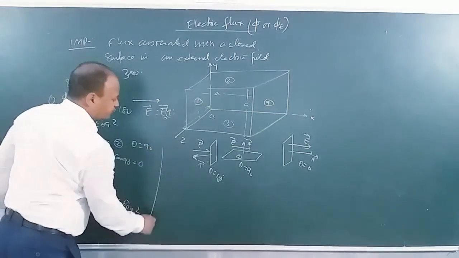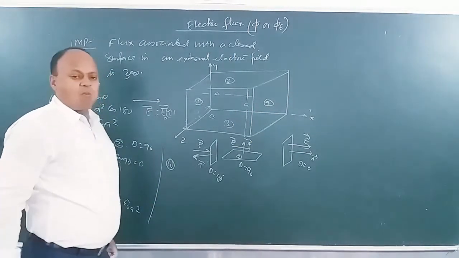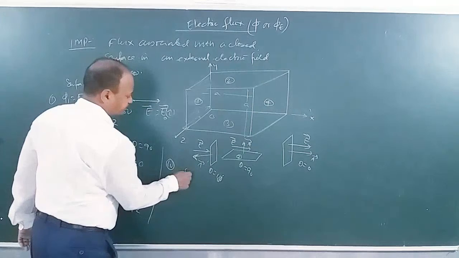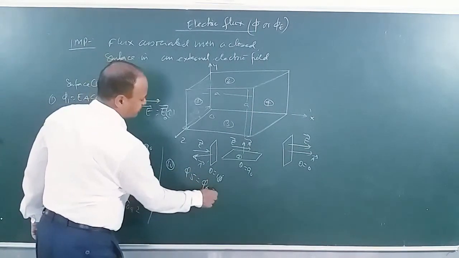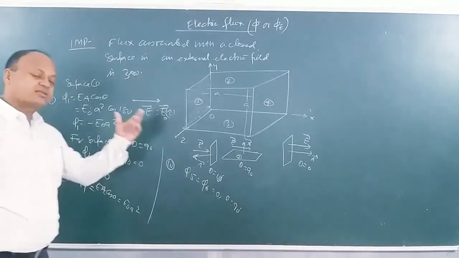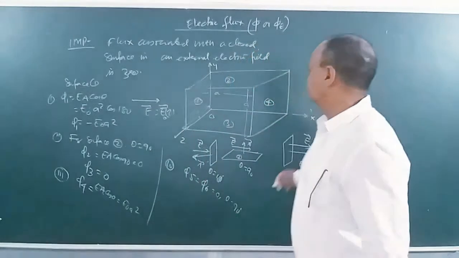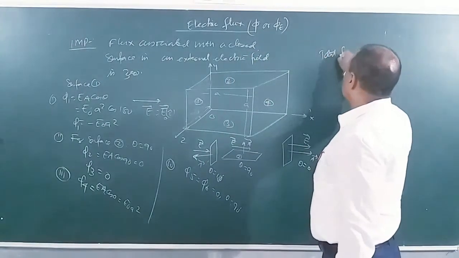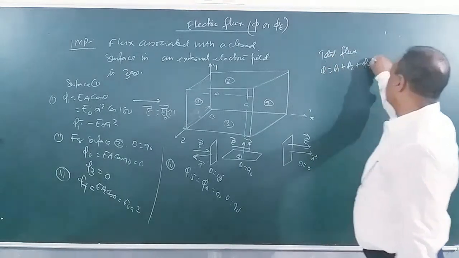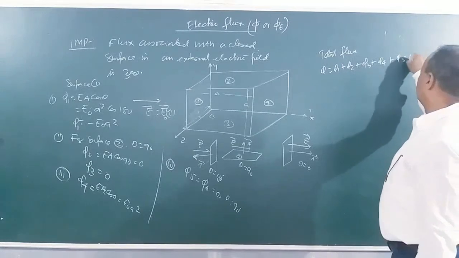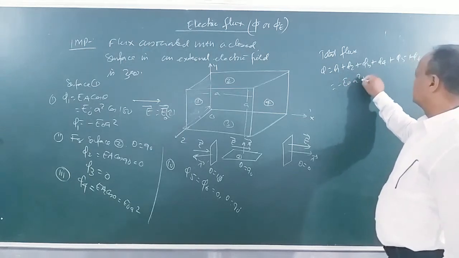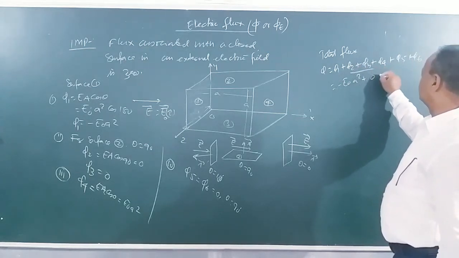Similarly, I can prove flux through surface 5 and flux through surface 6 will be how much? 0. Then theta will be 90. Then if I add, how much is the total flux? Total flux phi is equal to phi 1 plus phi 2 plus phi 3 plus phi 4 plus phi 5 plus phi 6. So phi 1 is minus E naught into A square. These two are 0.